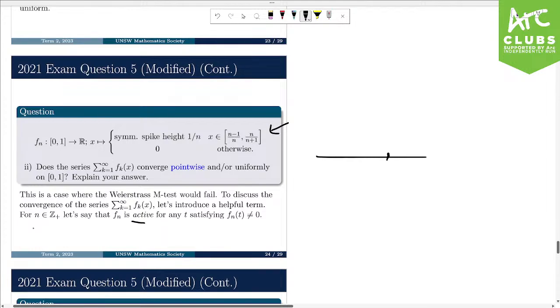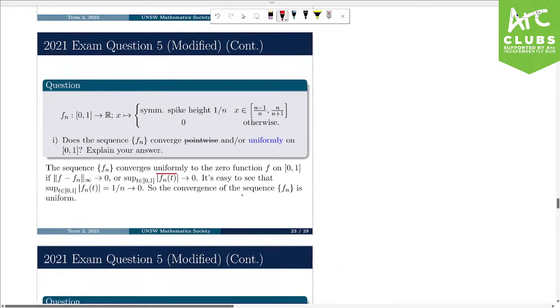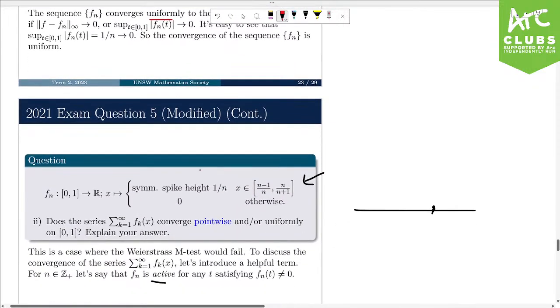And here, a side note is that we can't use the Weierstrass M-test, since if we do, and we take all of the upper bounds, we have the sum of 1 on n, which diverges.